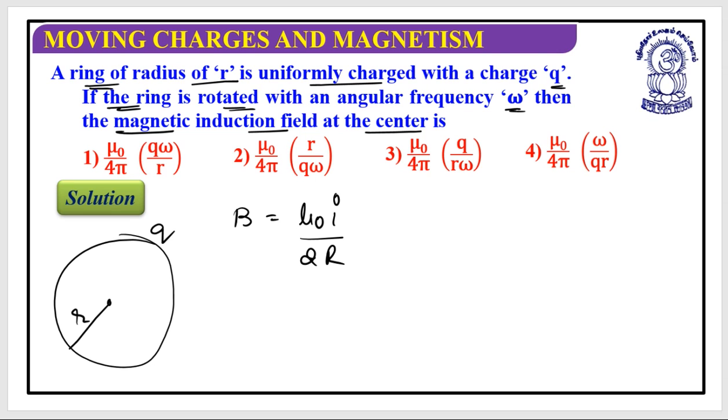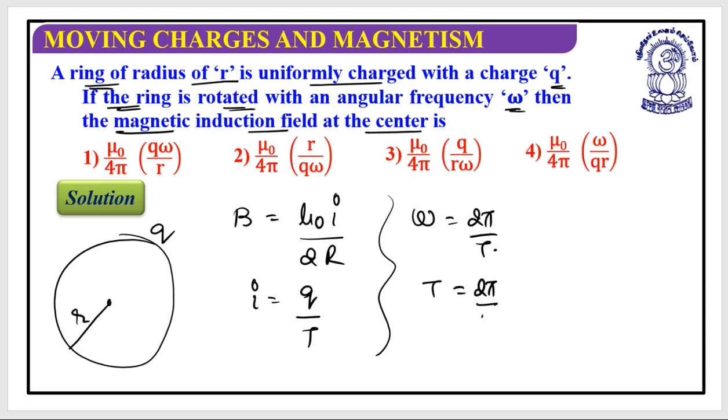How could I have an I? It would be I equals Q divided by T. So I could be replaced by Q by T, and for this T, we have omega equals 2 pi by T, so T equals 2 pi by omega. Let's replace all the required things.